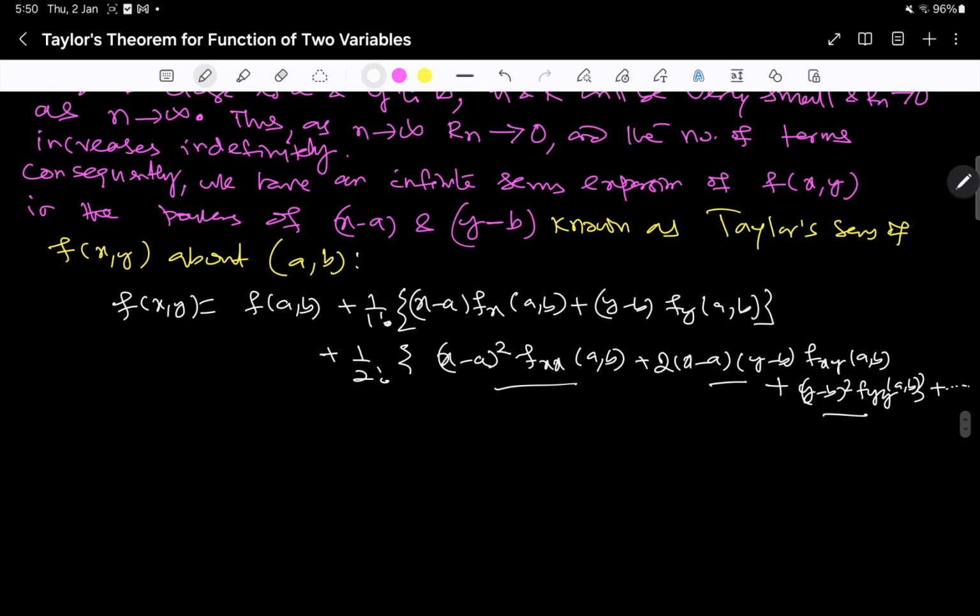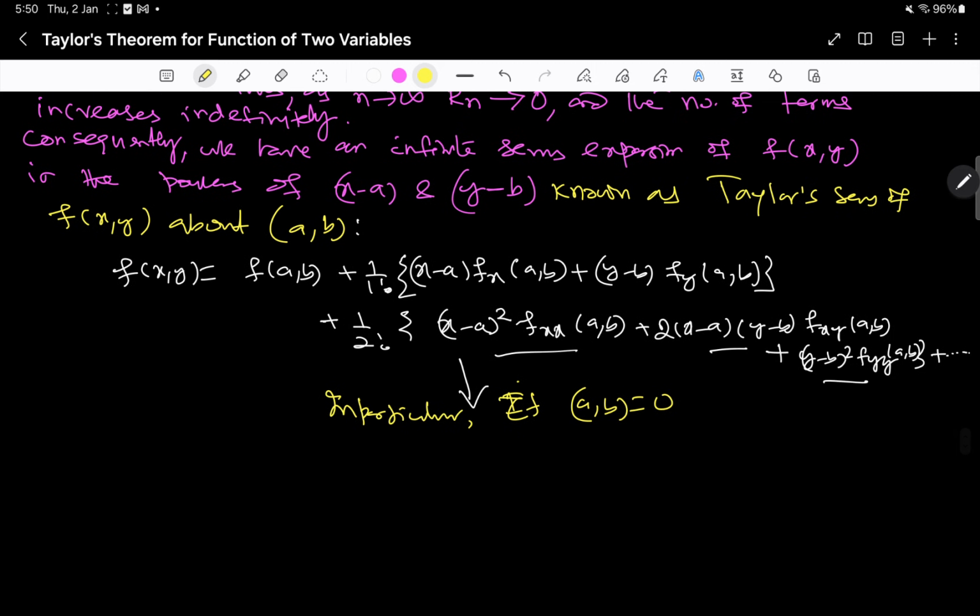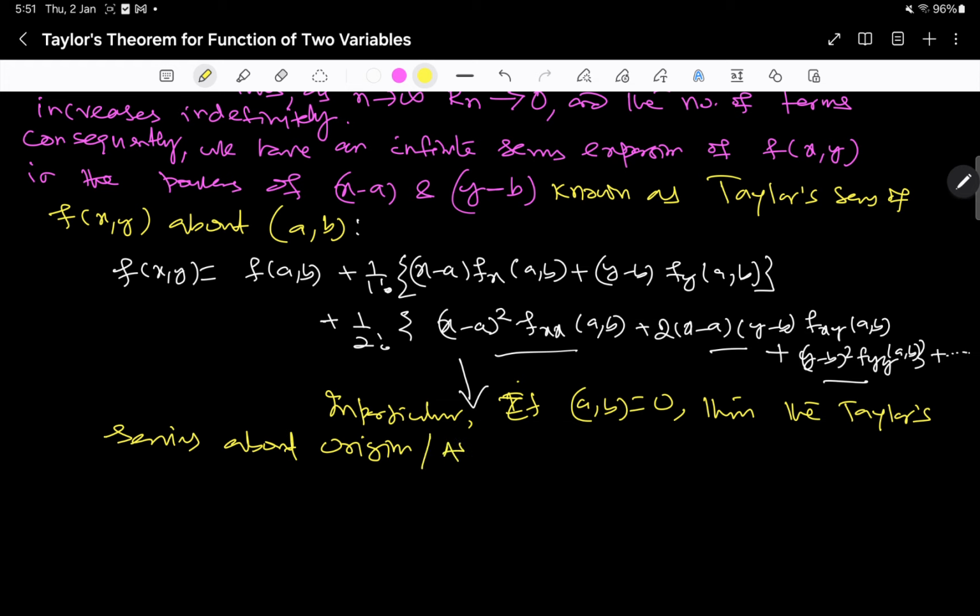So in particular, if your (a, b) is equal to (0, 0), then the Taylor series about origin, also known as Maclaurin series.